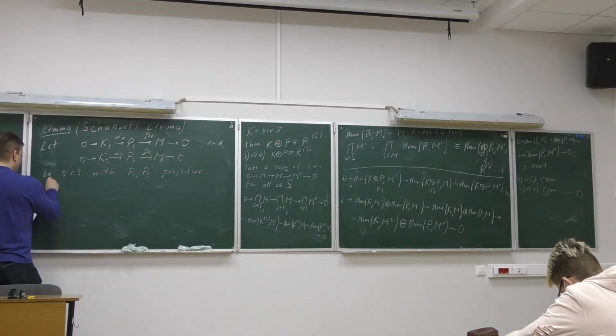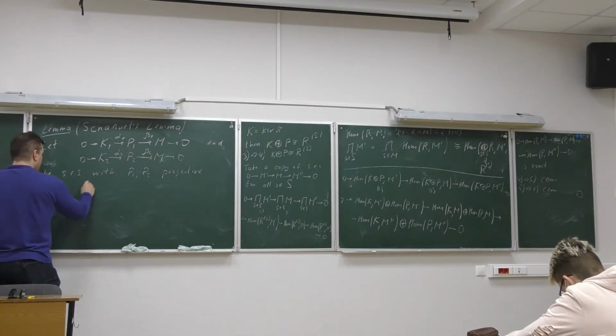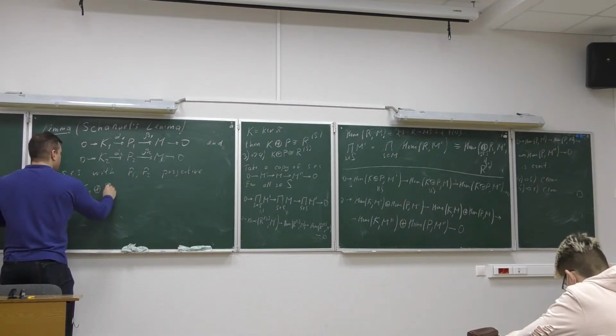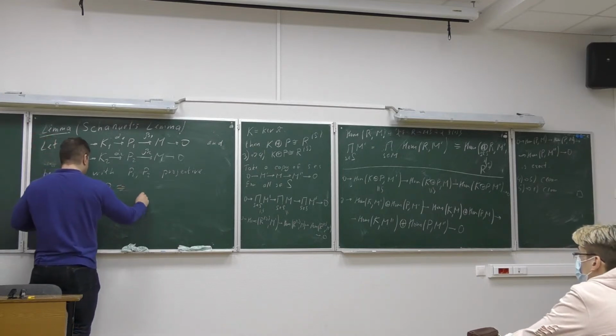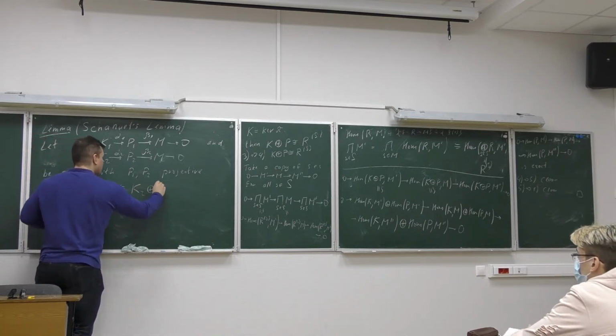Then K1 plus P2 is isomorphic as a module to K2 plus P1.